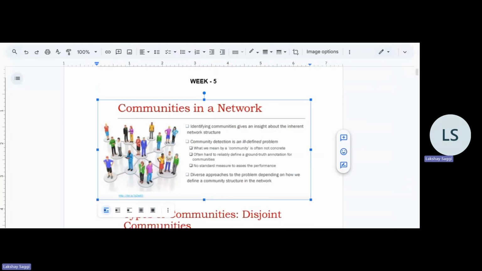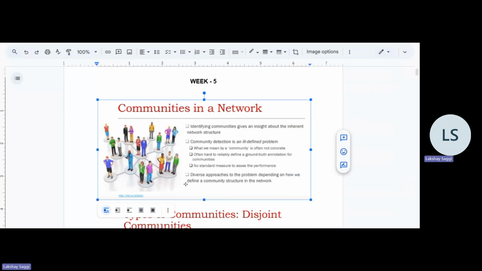Note that since we are doing this in a social network analysis course, we'll be focusing on graphs only. Suppose we are given a graph, and each node represents some person in the population. What do we mean by community? Communities are sets of nodes. If you divide the graph into subsets of vertices, and these vertices are similar to each other in some manner, then we'll say that those vertices form a community.